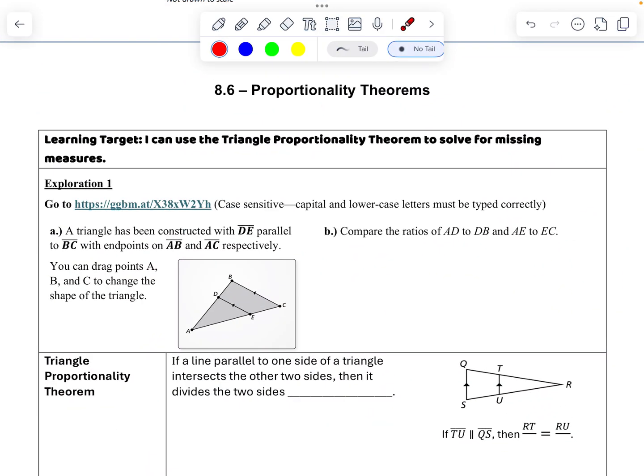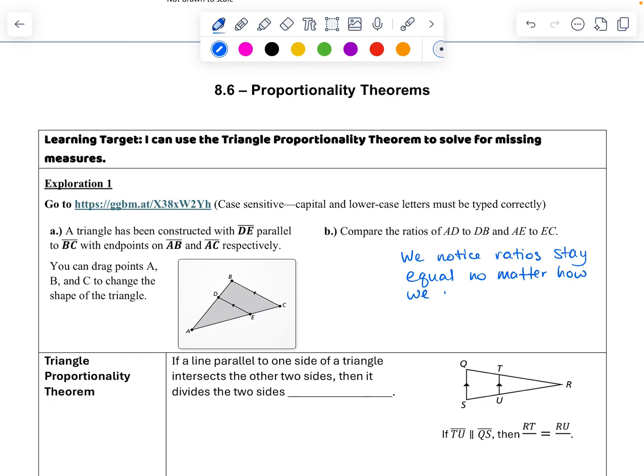Okay, so compare the ratios of AD to DB and AE to EC. What's happening? Well, we notice the ratios stay equal no matter how we move the triangle.